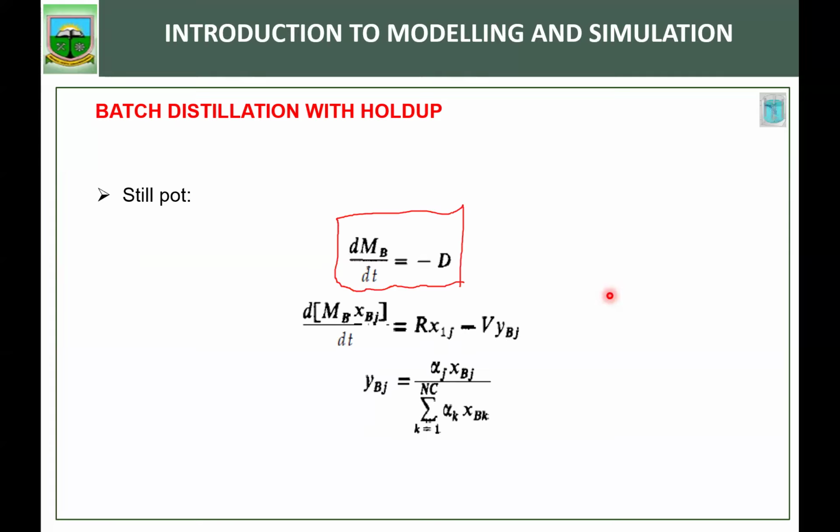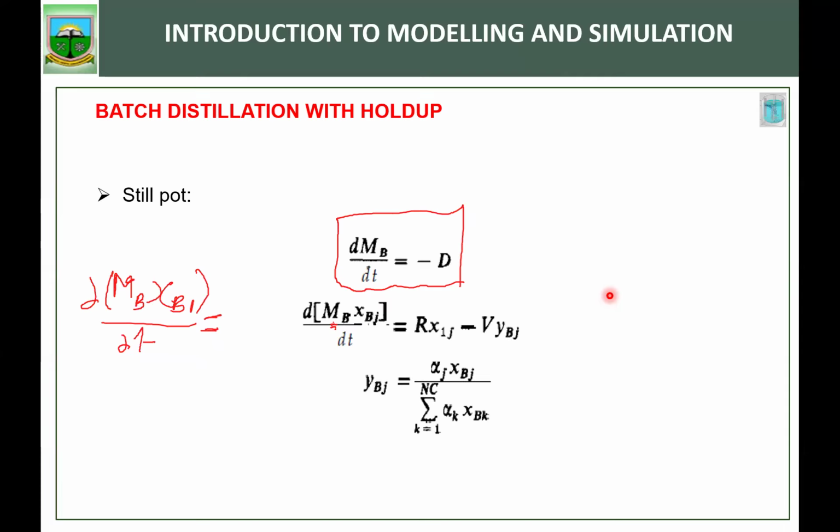Having done that, you now write the component balance equation in the pot. The component balance equation in the pot is given by the fraction of a certain component at a particular point. So if we are looking at component 1, it is going to be B, the total mass of everything there, times x1, over delta t, which should be equal to input minus output.